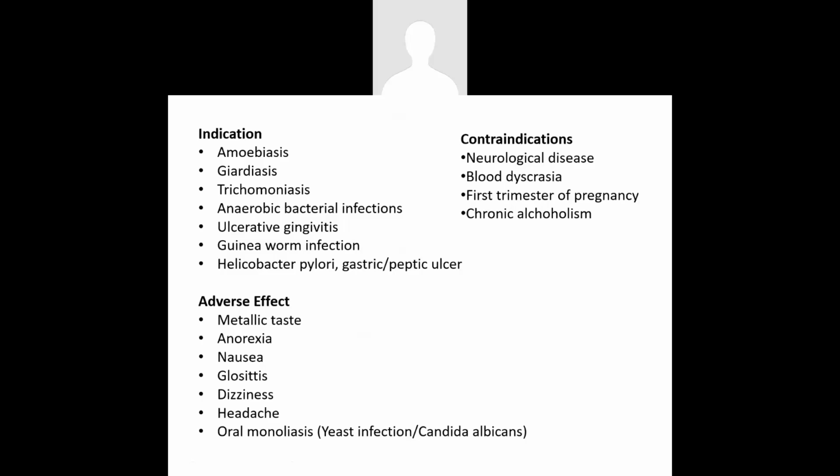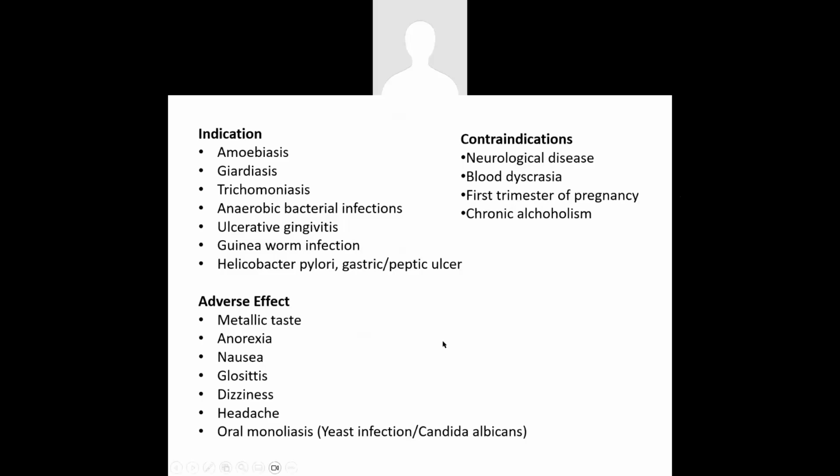For the contraindications, it is contraindicated in neurological disease, blood dyscrasias, and in the first trimester of pregnancy it should be used with caution, and some references note it is not preferred to be used. Also, for chronic alcoholism, it is contraindicated or used with certain cautions.